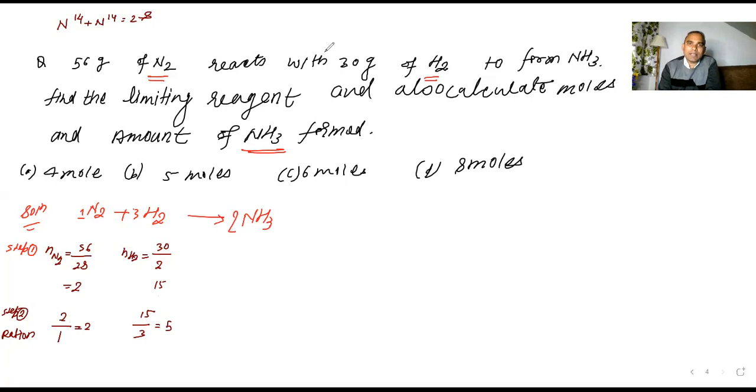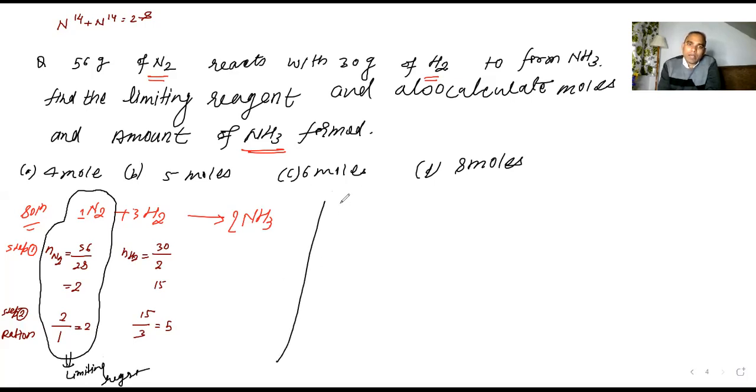Which is smaller in quantity? 2, so N2 is the limiting reagent. One thing you got to know, this is the limiting reagent, so easily you can calculate.